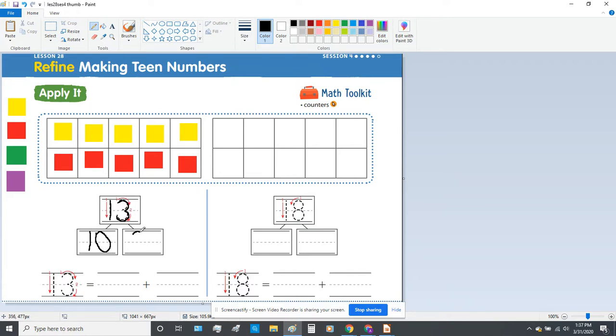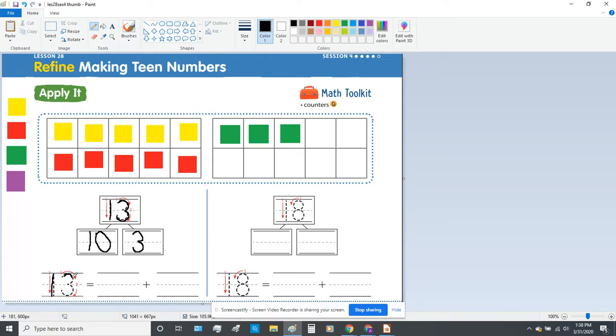So we're going to pull that 3 right down here. 13 is made of 10 and 3 more. So that means we're going to need 3 green cubes. 1, 2, and 3. Awesome.